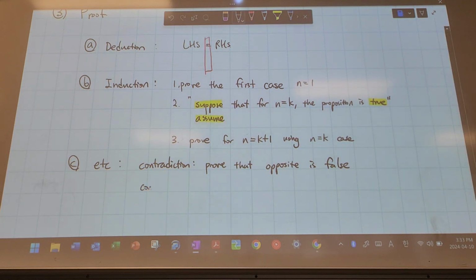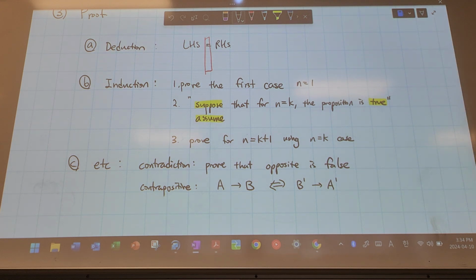Another type is the contrapositive. If you're trying to prove that A implies B, it's equivalent to proving that not B implies not A. So if it's too difficult for you to prove that A implies B, you can try to show that not B implies not A, and that's sufficient as well.